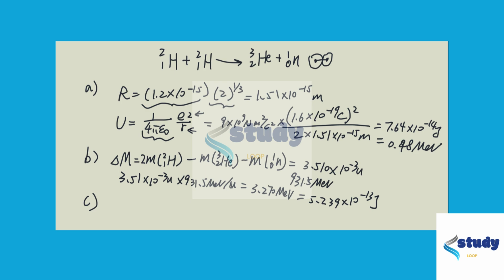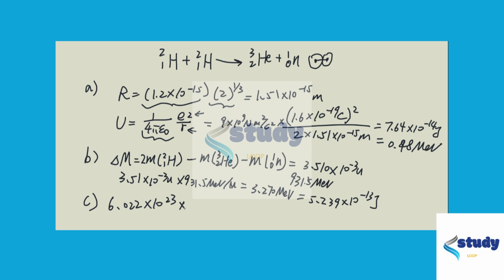The very last part asks us to find the energy per mole, and we need to remember that this gas is diatomic, so each molecule actually contains 2 atoms. And then we want to compare this energy to the combustion of hydrogen.